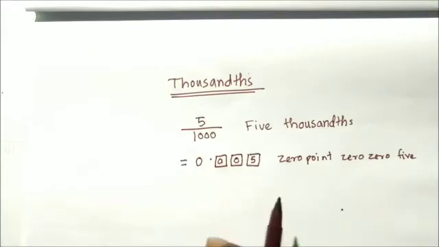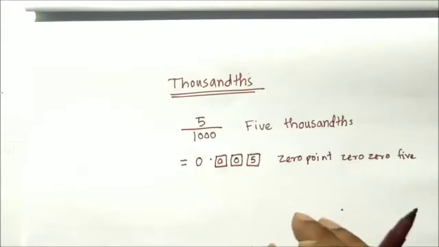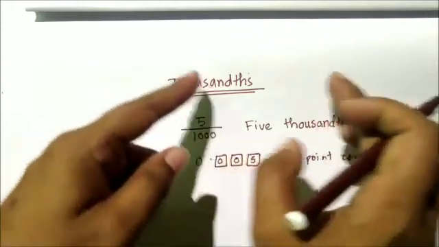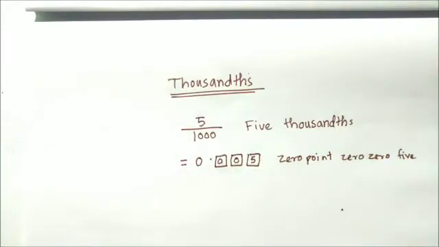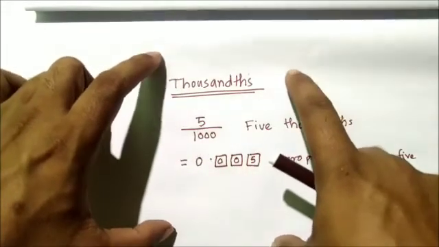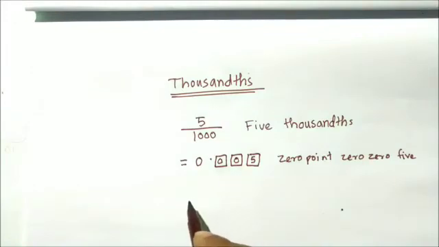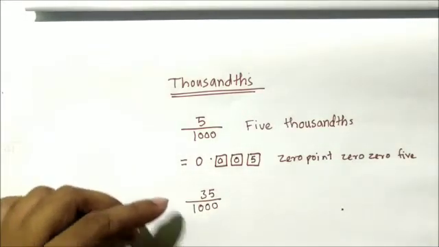Similarly, again you think, say you have 1000 small boxes. 1000 means I mean to say 1000. Correct? 1000 small boxes were there, and among these 1000 small boxes, say you have colored 35 boxes. So can we express this in the form of a fraction in this way?